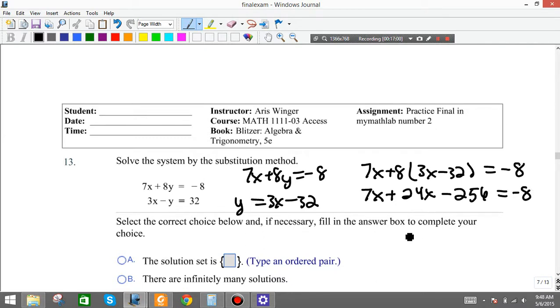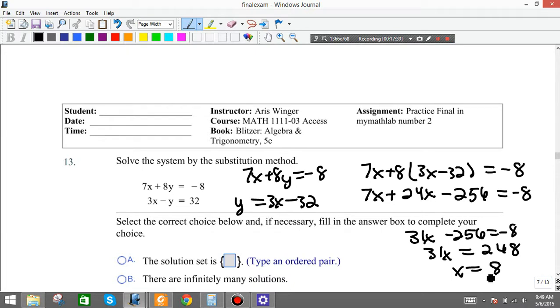Solving for x now, 31x minus 256 is equal to negative 8. 31x is equal to 248. Divide both sides by 31. x is 8.